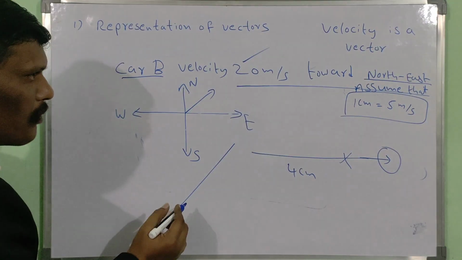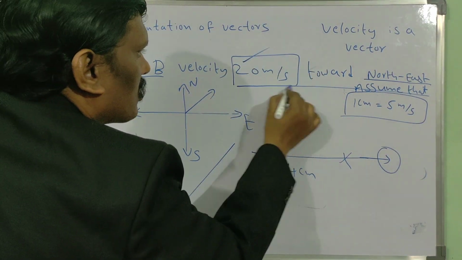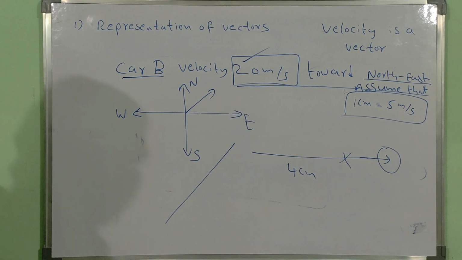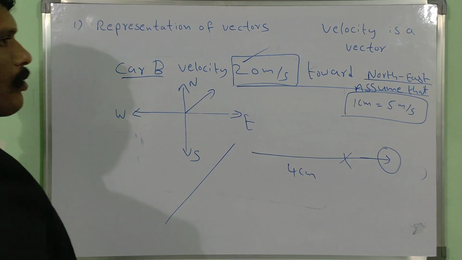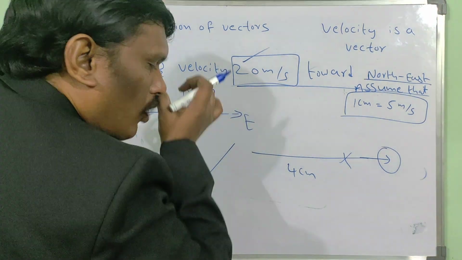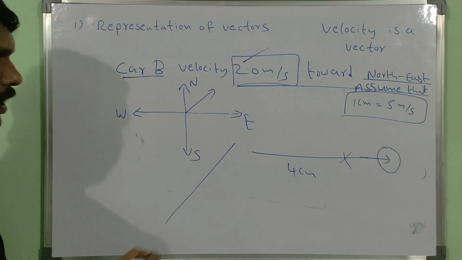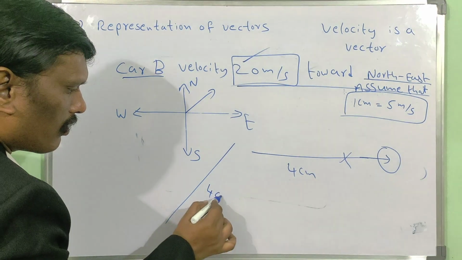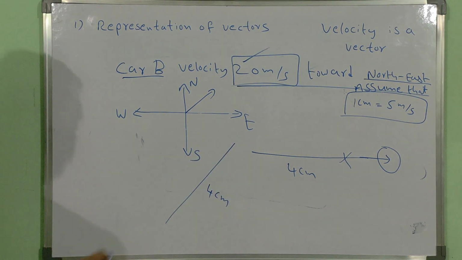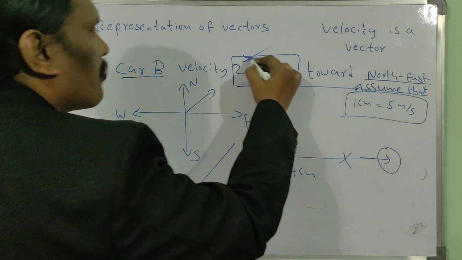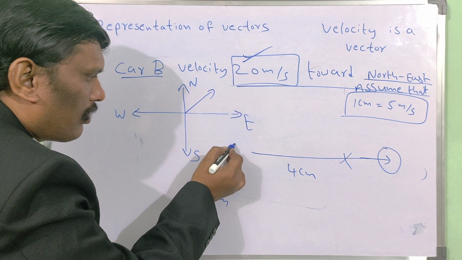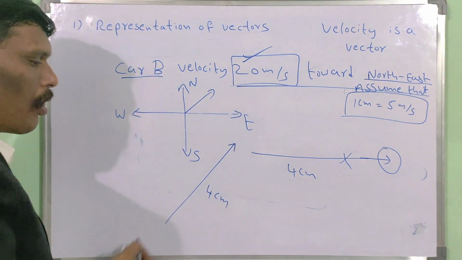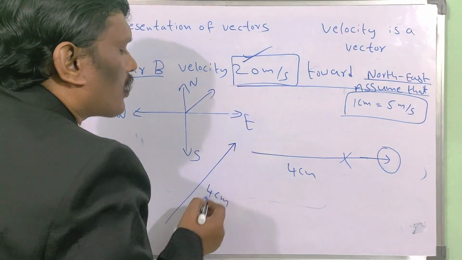For 20 meters per second, what is the length of the arrow I require? 4 centimeters. That 4 centimeter length represents the magnitude of the velocity, 20 meters per second. Then this arrowhead or tip points towards the northeast direction.